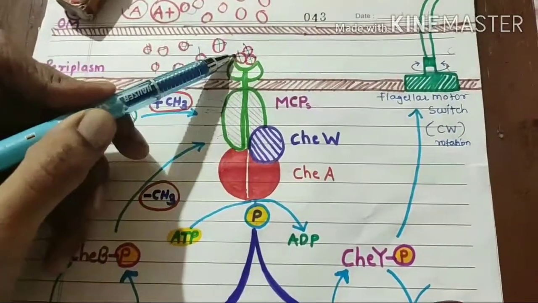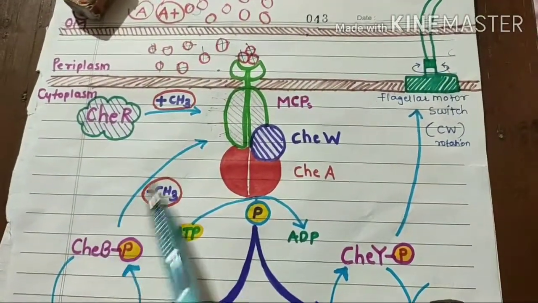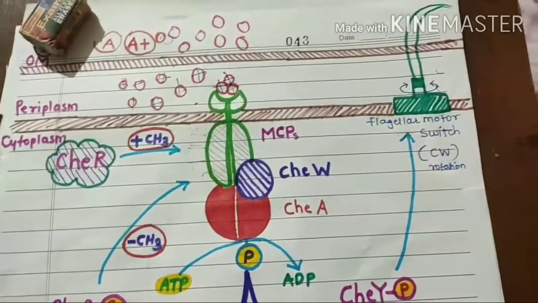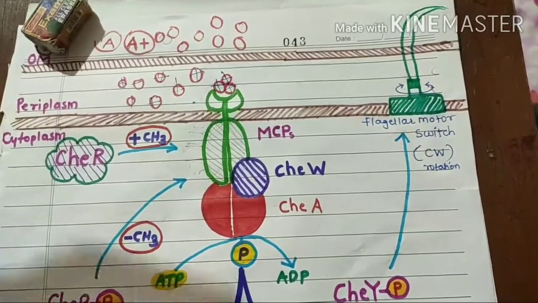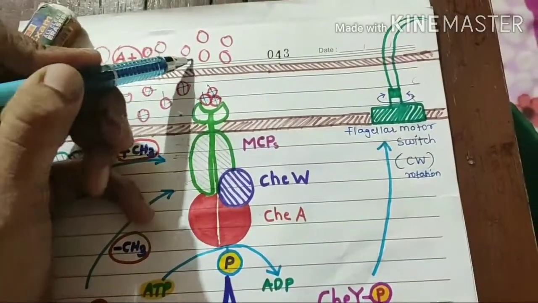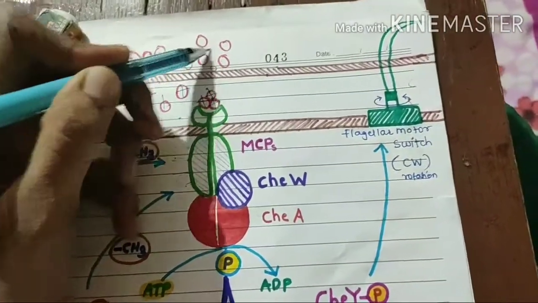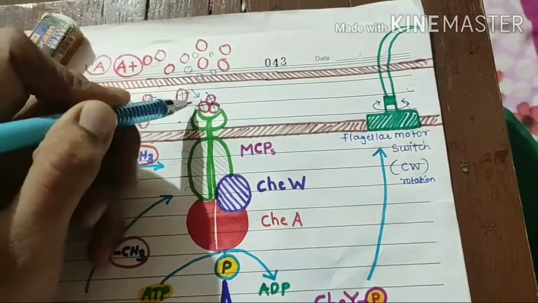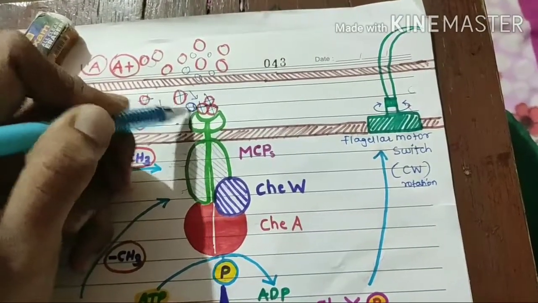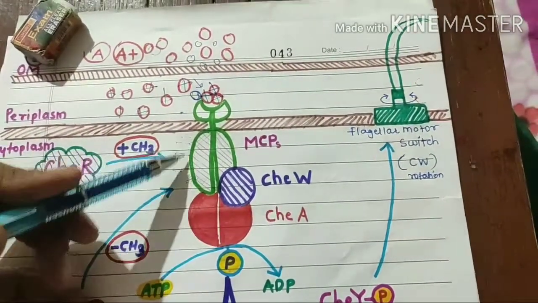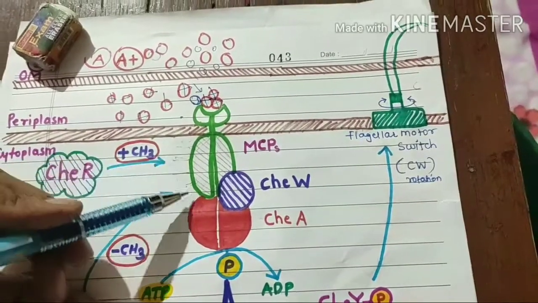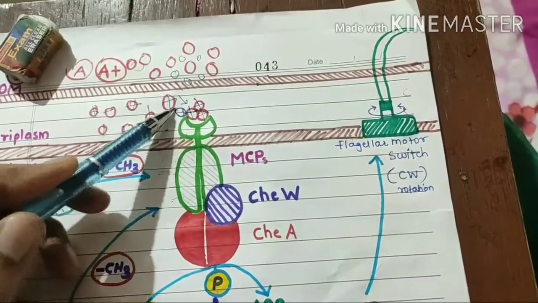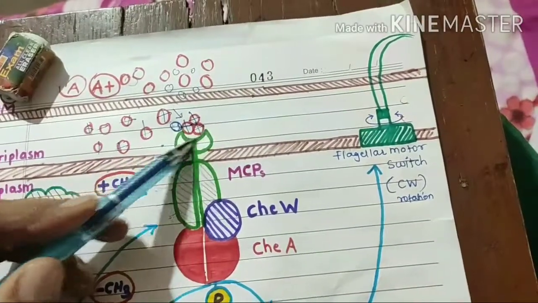So when there is no attractant, the CheB-P will remove the methyl group from here, okay, and if again the cell tumbles and goes into an area where there are some attractants, okay, so now these attractants are in blue, okay. So when these attractants come, they will bind this MCP. So it is very important to remove these methyl groups from the cytoplasmic domain of MCP for binding of new attractant molecules to the MCP.